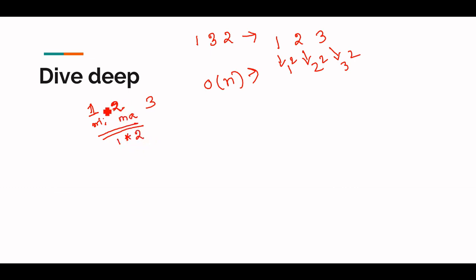Now how to find that? There is no number between 1 and 2. 3 is there, but if I take that 3 into my subsequence, it won't follow the condition that the minimum is 1 and the maximum is 2. So basically there is no number present, so that means only one subsequence.